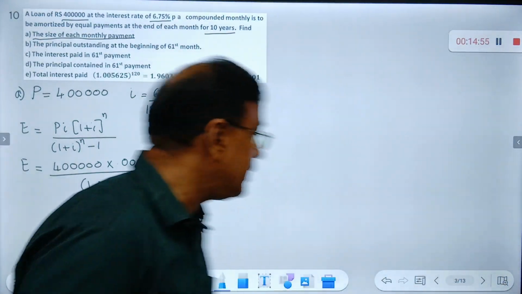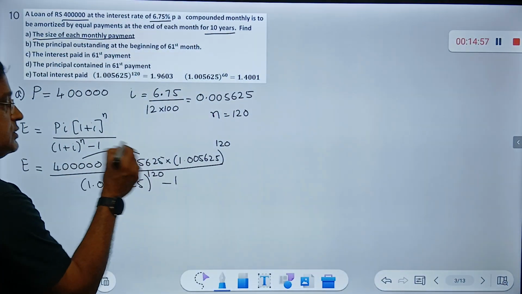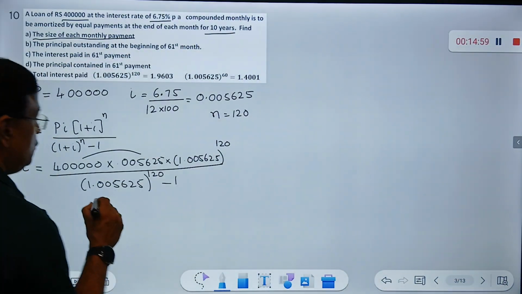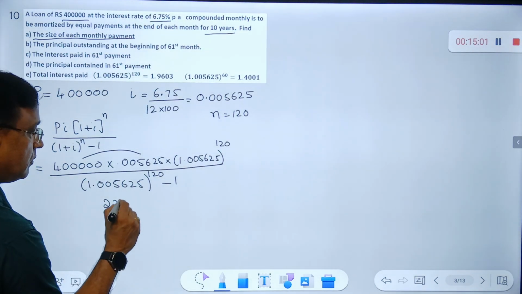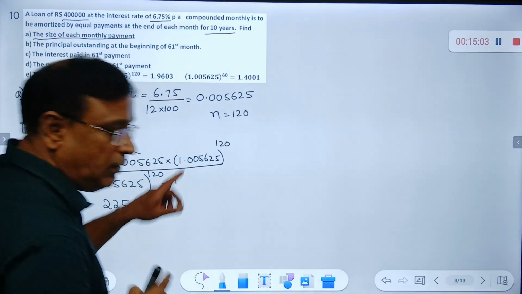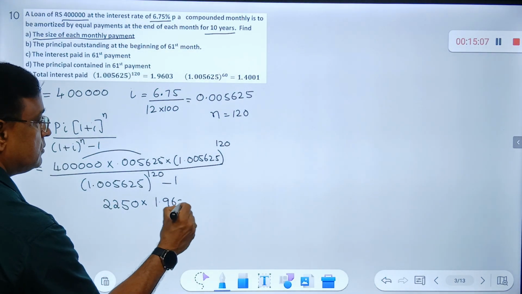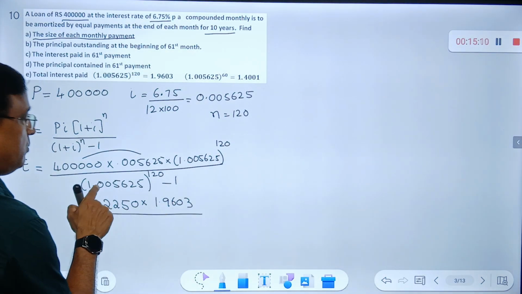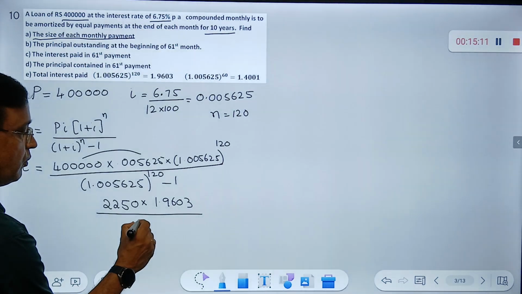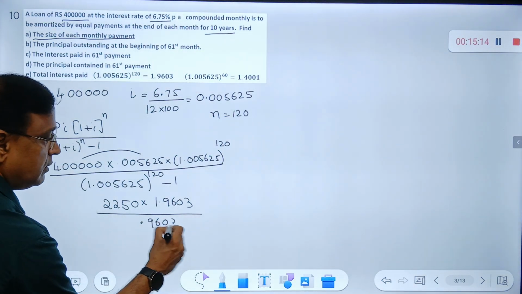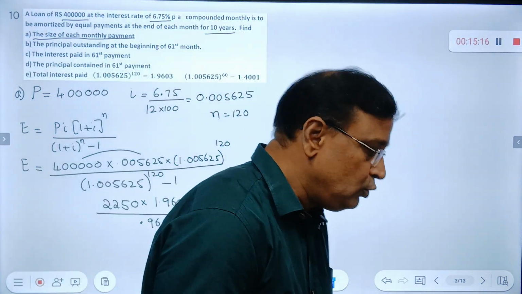I have already done the calculation. First I multiply these two. When I multiply these two, I am getting 2250 into the value of this, which is already given to you, 1.9603 divided by 1.9603 minus 1 will be 0.9603. Okay, now you have to do the calculation.